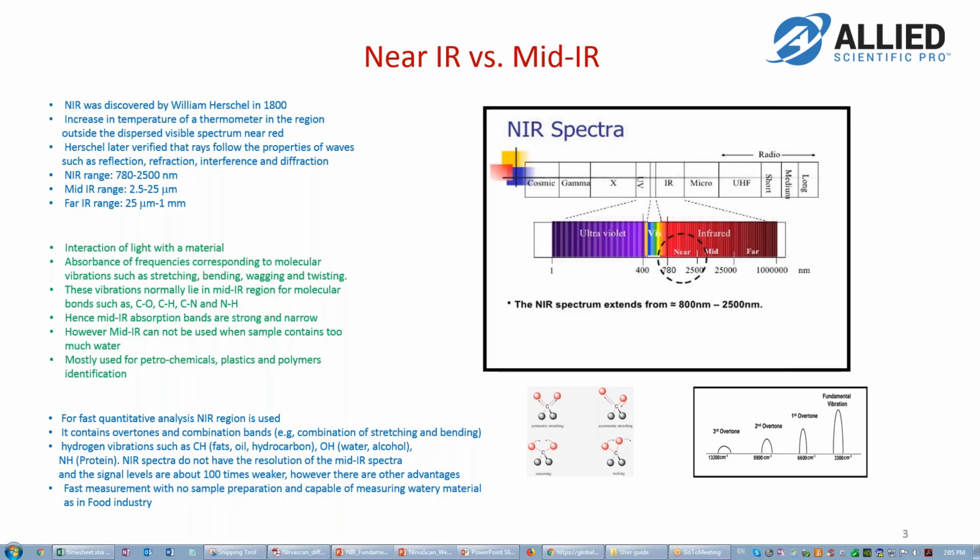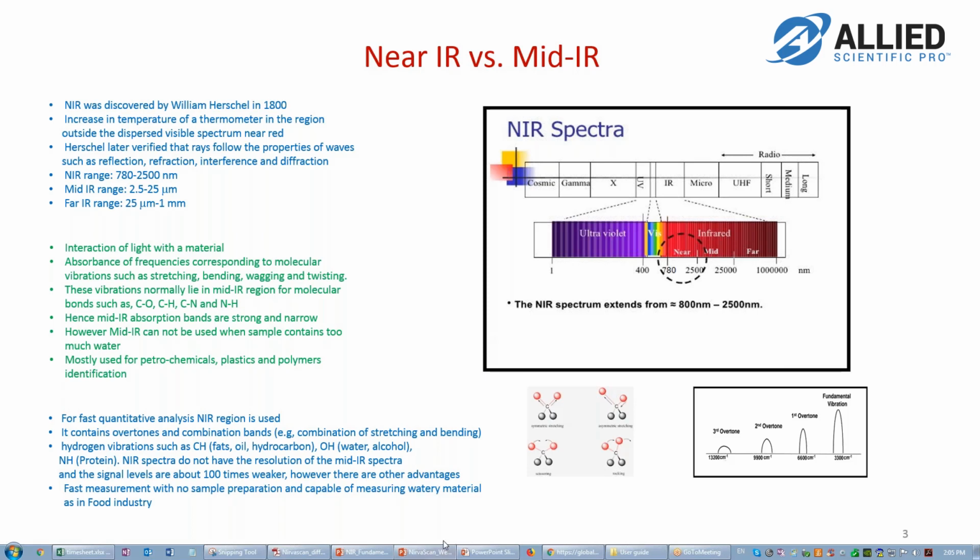Now, these wavelengths that are absorbed, their frequency corresponds to molecular vibrations, such as stretching, bending, wagging, and twisting. Here you see in the picture below, there is a symmetric stretching, asymmetric stretching, and two other modes. So depending on how the molecule is vibrating, it will resonate with a certain wavelength that is impinging on it, and it will absorb that.